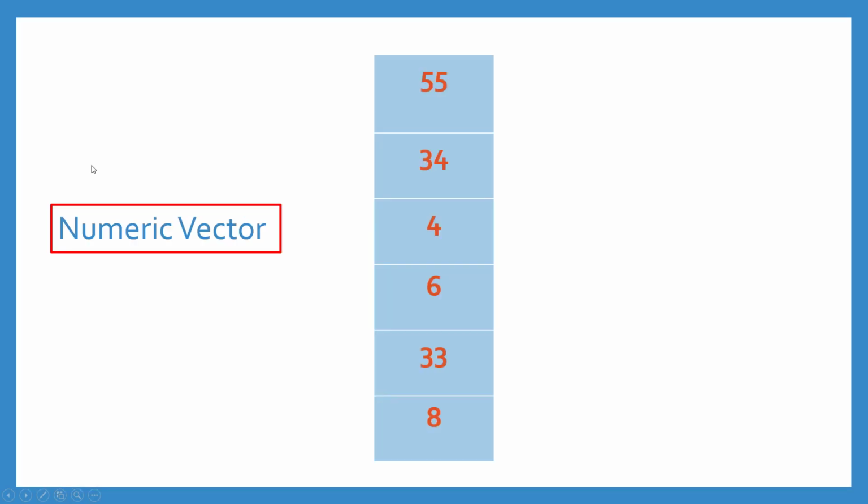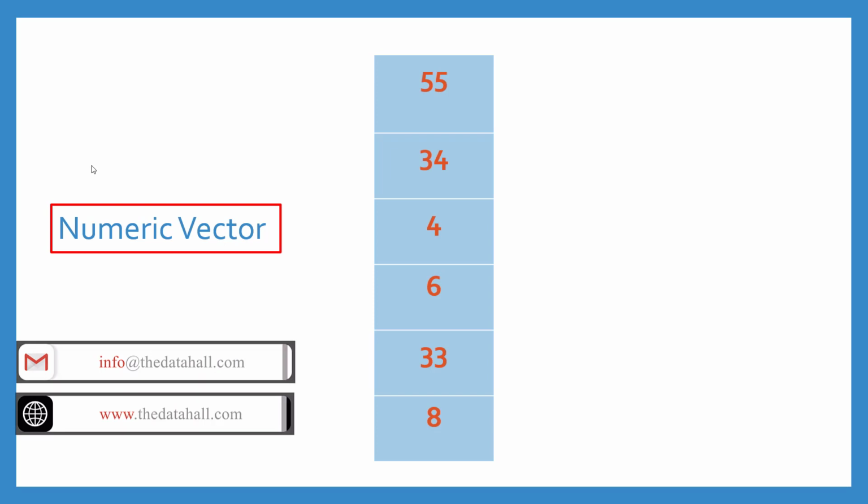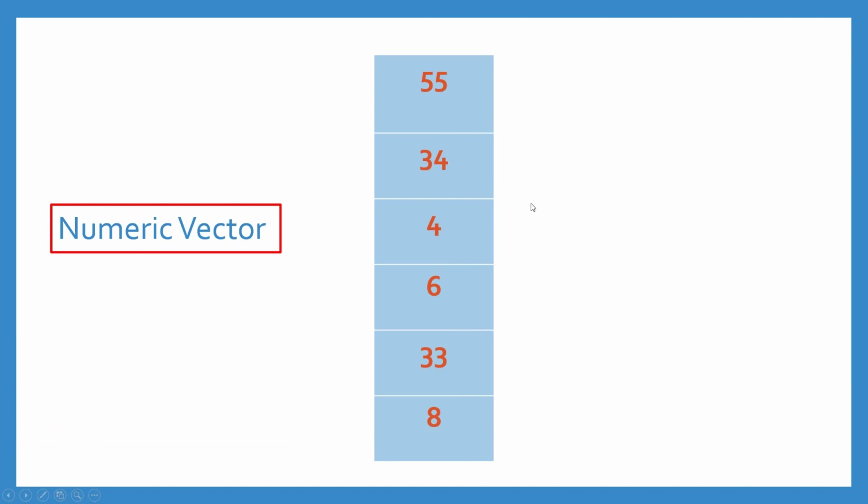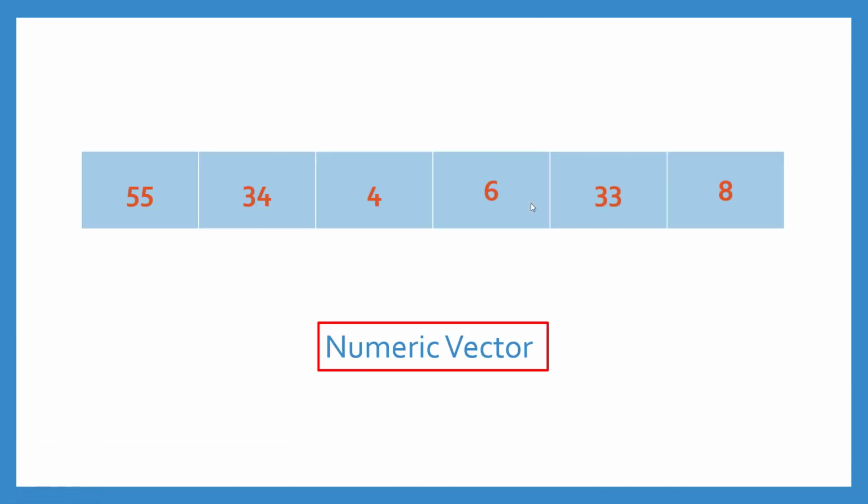Vectors in R. So what are vectors? A vector is a list of different elements that contain data, but it can be visualized as a column of different observations or a row of different observations. But remember, it would contain exactly the same data type. So a vector would have the same data type.